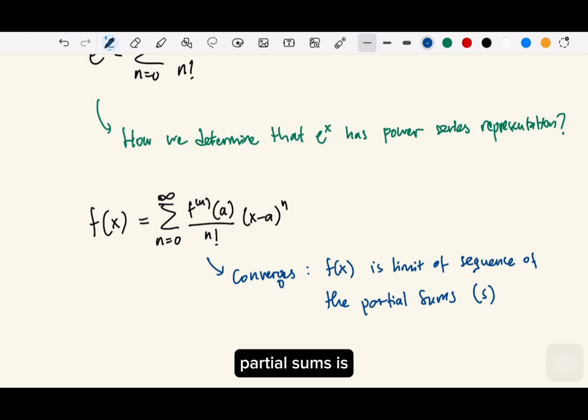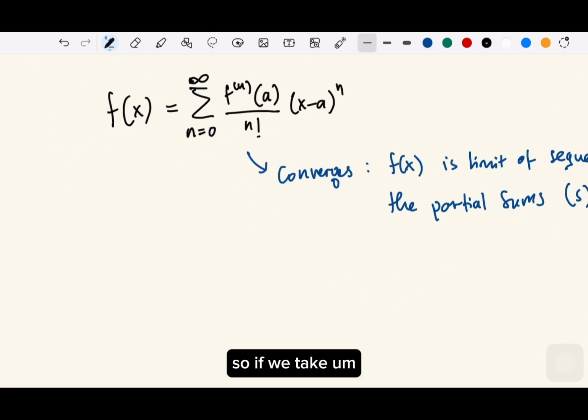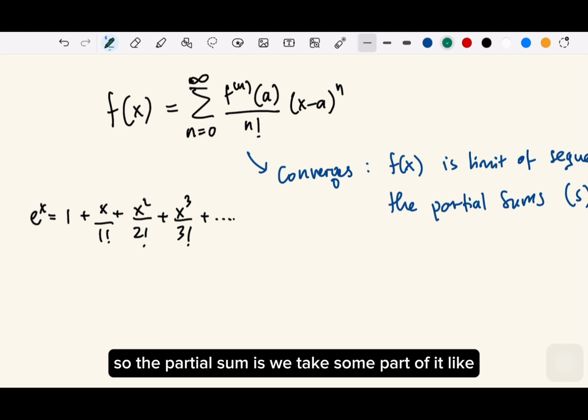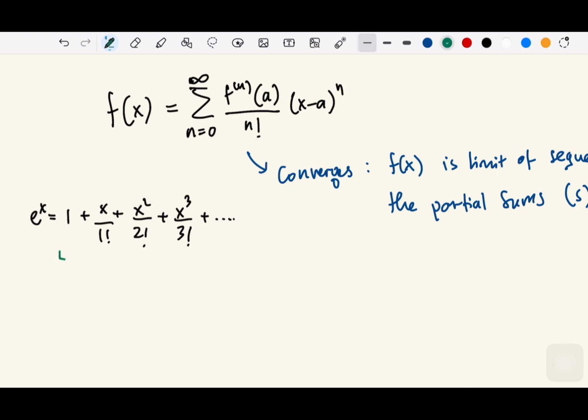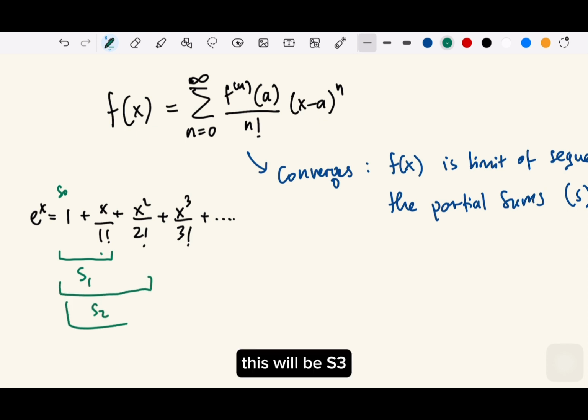So what is a partial sum? If we take, let's say, e to the x, we take this part here. The partial sum is we take some part of it, like this one is S1, so this is S0, and then S1, this will be S2, this will be S3.